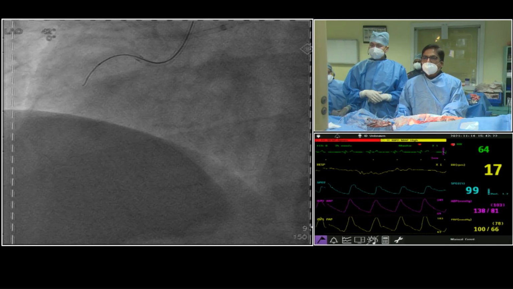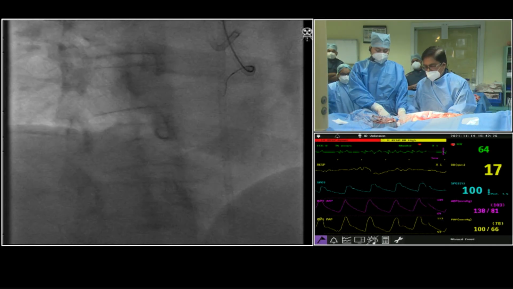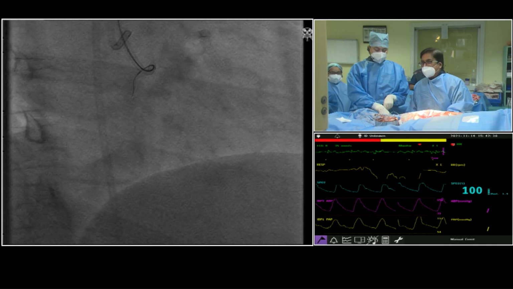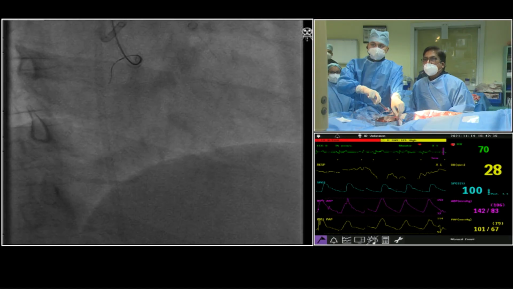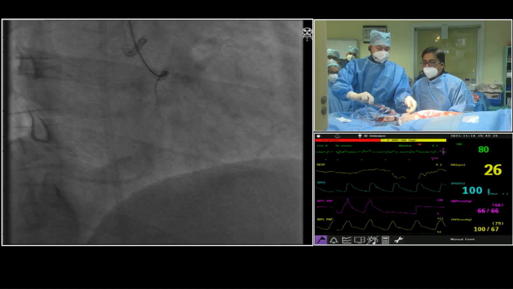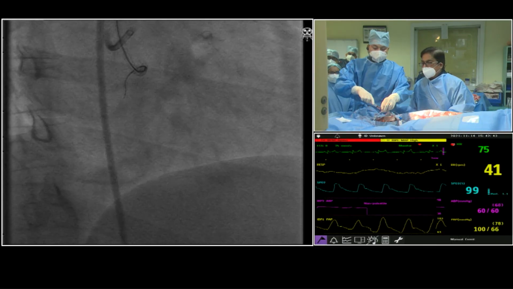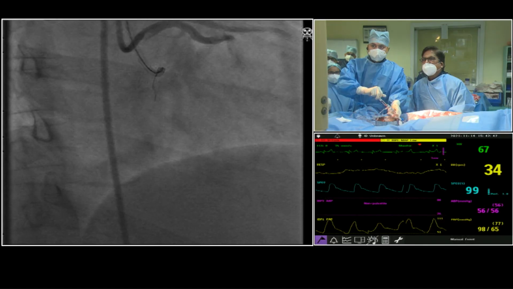This is a very important point actually, what Dr. Goel sir is doing, because you have to change the projection to understand whether you are in the luminal side or not. Left injection, please. Ready, sir. Only left injection, yes. Two important points. One, you have to see whether you are in the line of the vessel or not. Number two, you should not inject antegrade and create a dissection.